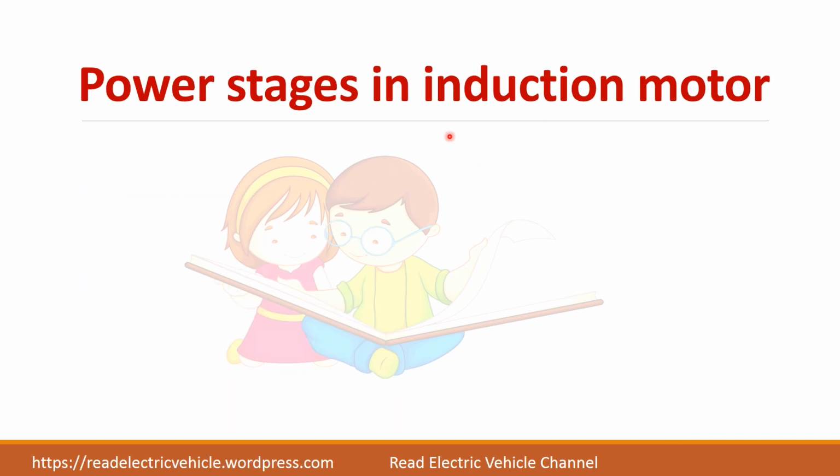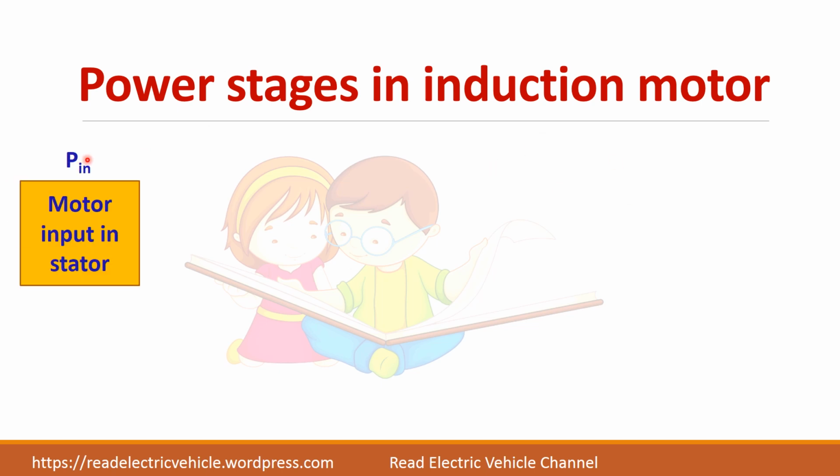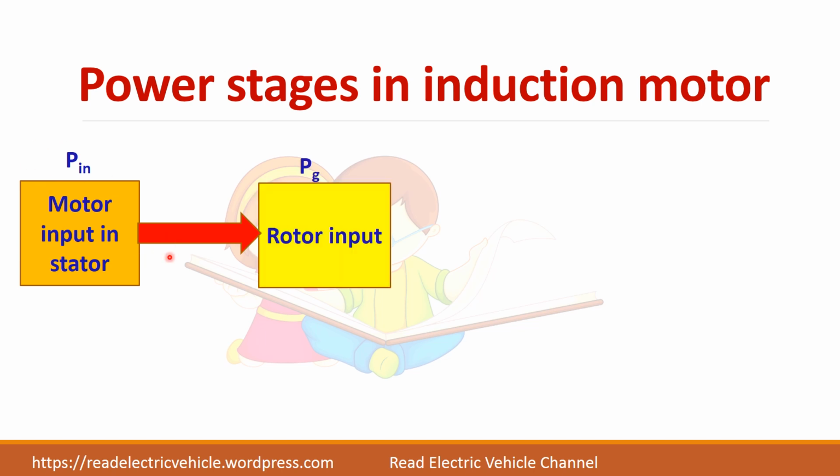Let us see the different power stages in induction motor. So P in is the input, motor input, we give it to the stator. Out of the total input power, some will be lost and some will be reaching the rotor through the air gap. So it is represented as PG or PAG.